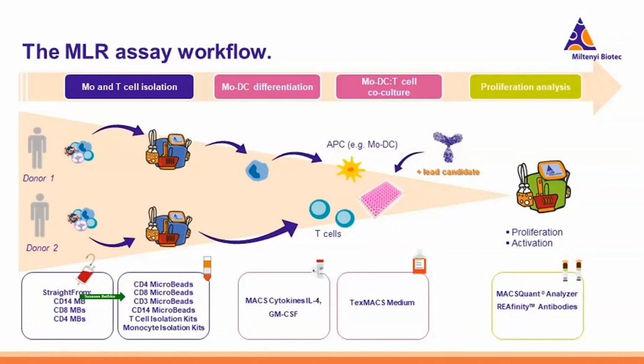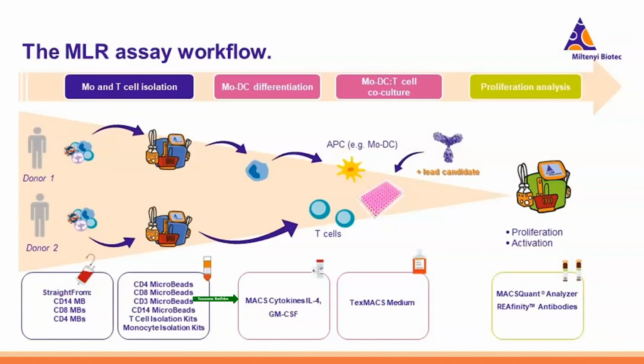Then, of course, we have all these kits where you can isolate your cells from PBMCs. So CD4, CD8, CD3, CD14 MicroBeads, and also the untouched kits for T cell isolation and monocyte isolation kits. So you can really select here what fits your project, what fits your needs the best, to select the product that you want to have.